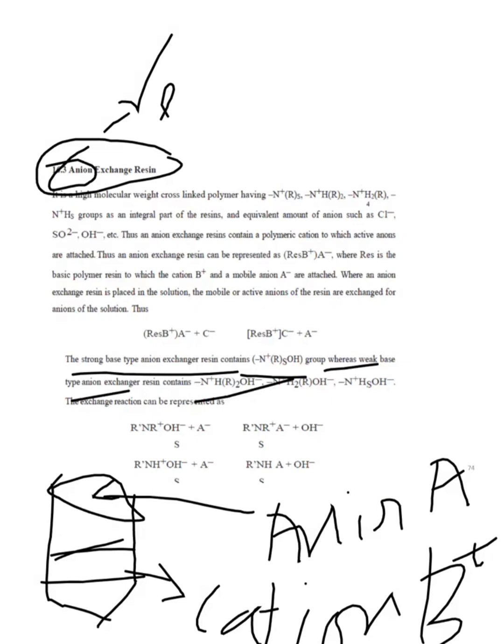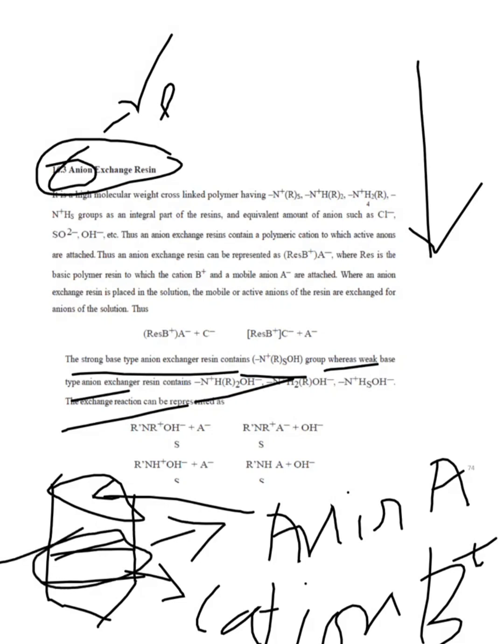This is the exchange reaction taking place: anions come in contact with the resin, which has the cation B plus, and get exchanged and separated. So this is the basic concept of ion exchange chromatography, where the title itself says ion exchange using a chromatographic technique, with anions and cations getting exchanged.